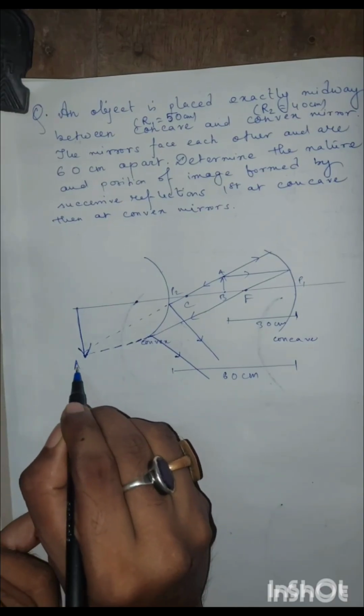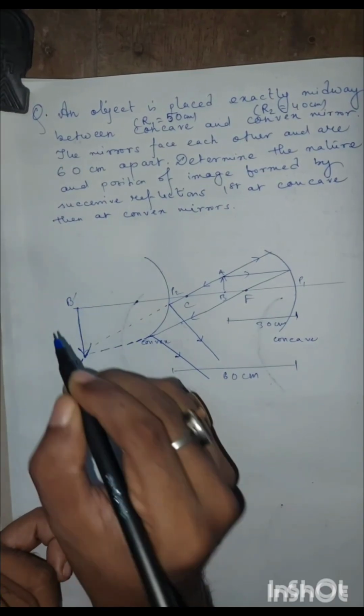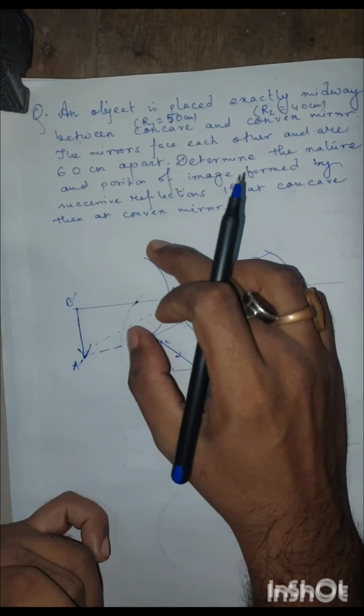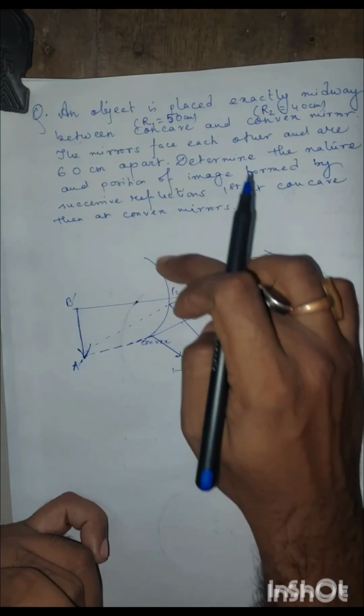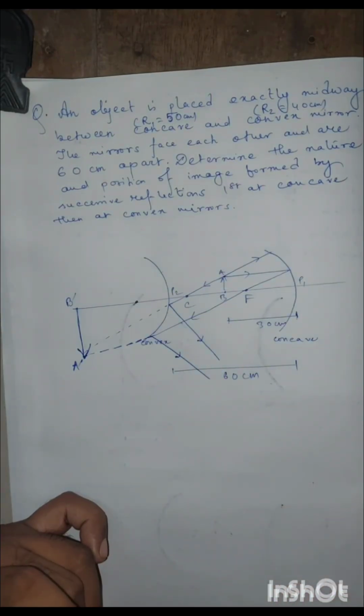This is our real image, if we ignore the second mirror and the second reflection for some time.